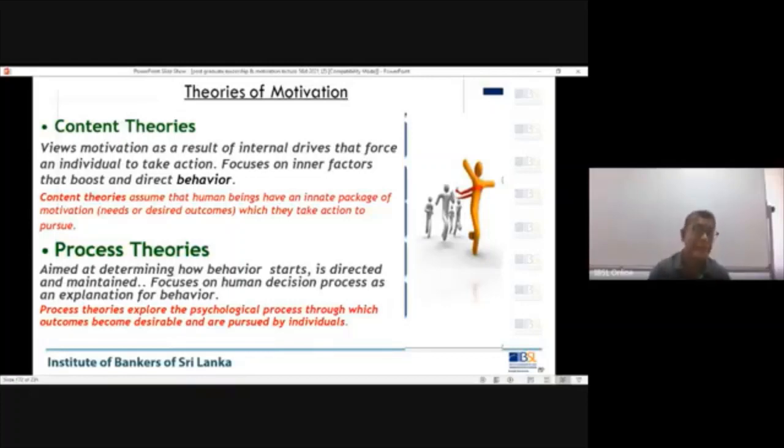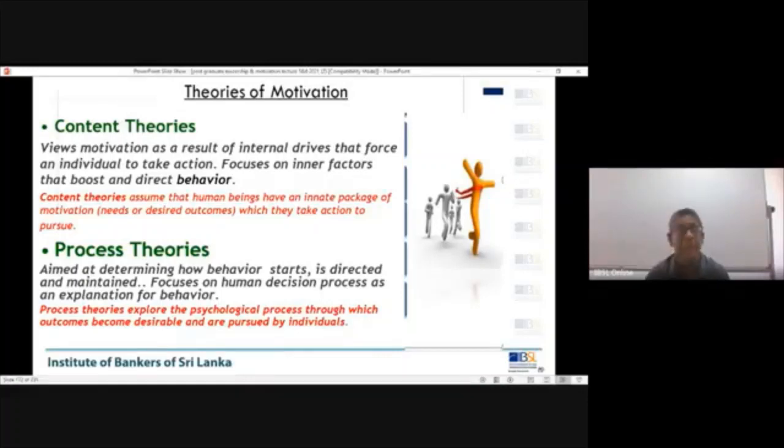So the content theories answer the question of what you need to do to drive an organization to do a better job. What factors, what things, what areas you need to look at to motivate.